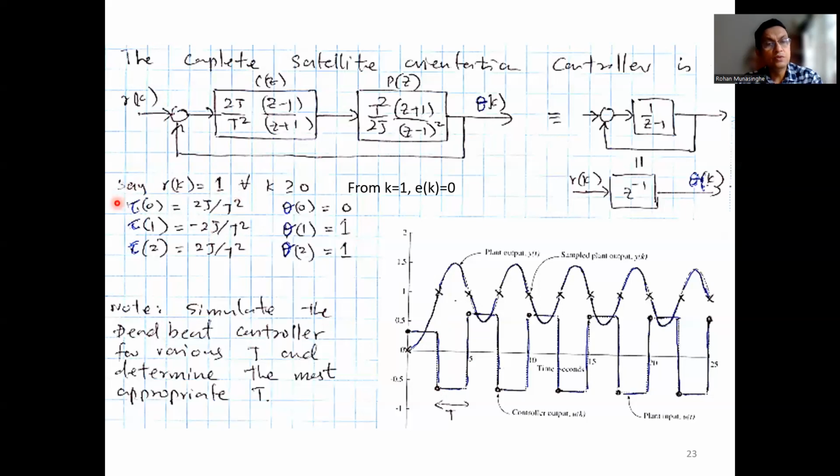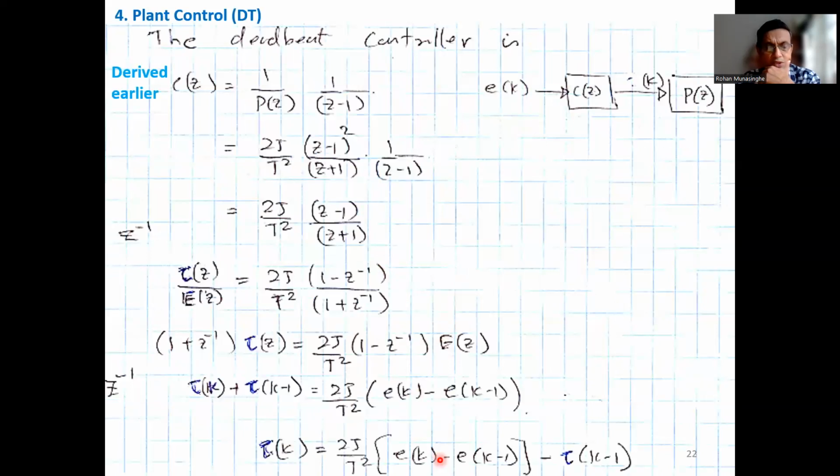Time equals 2. So when it comes to time equals 2, what happens? Time equals 2 means again error is 0. There's no error there. What about the previous error? Previous error is also 0, right? Previous error is also 0. So there's nothing here.